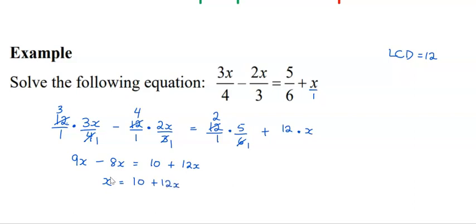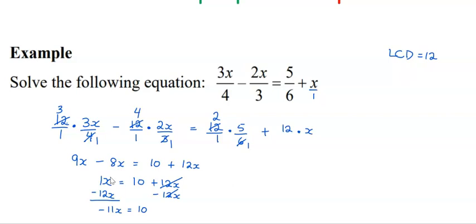I'm going to move the 12x over to the left so that my two variable terms are combined. So I'm going to subtract 12x on both sides, canceling on the right. And remember, this is like 1x minus 12x, so this is going to be negative 11x is equal to 10.